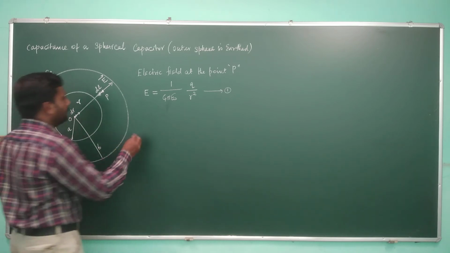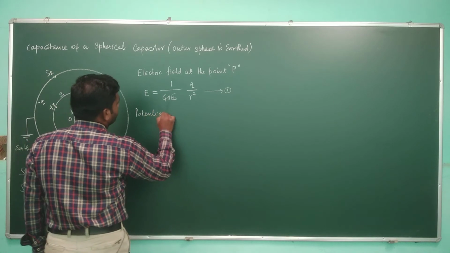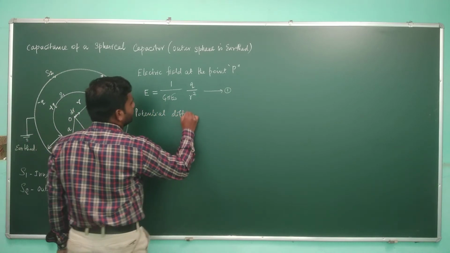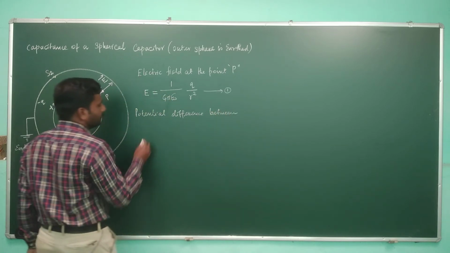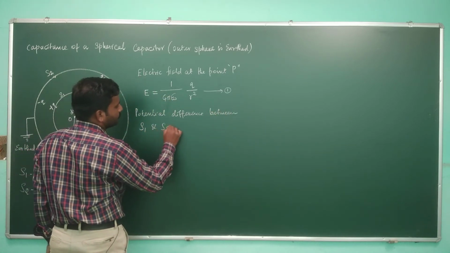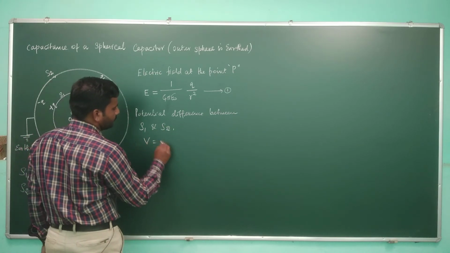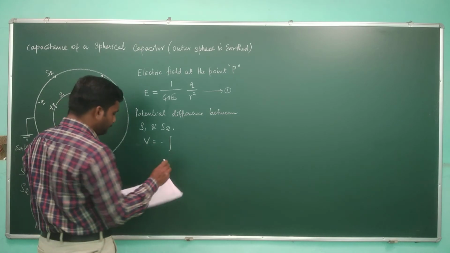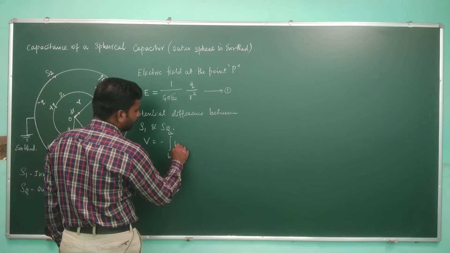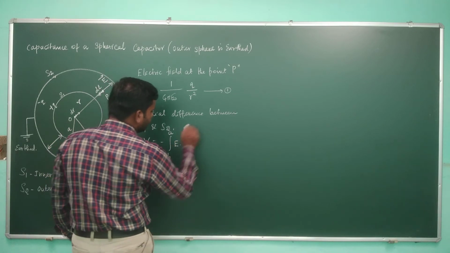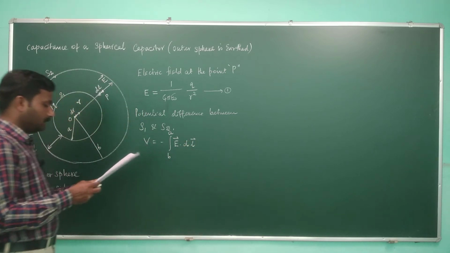So that you can write the potential difference between S1 and S2, that we can write V, which is equal to minus integral of B to A E dot dl. E vector dot dl.